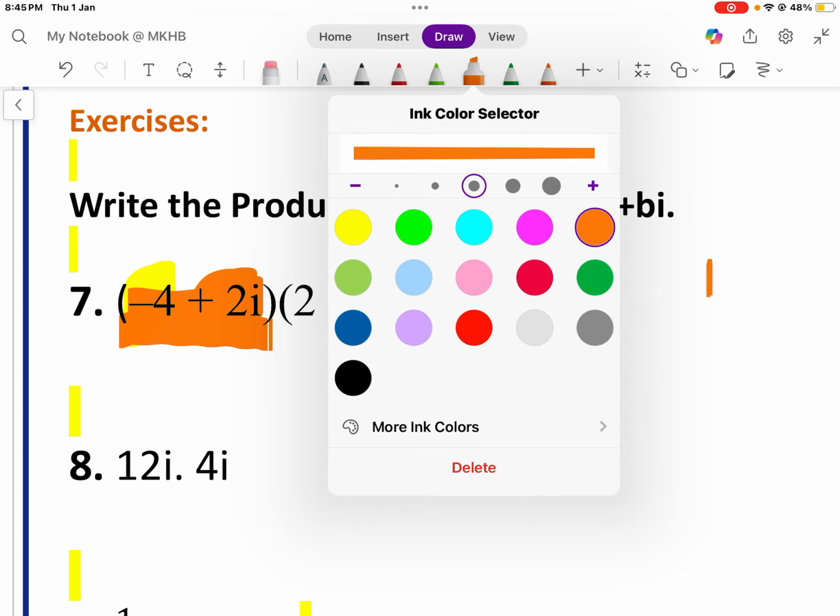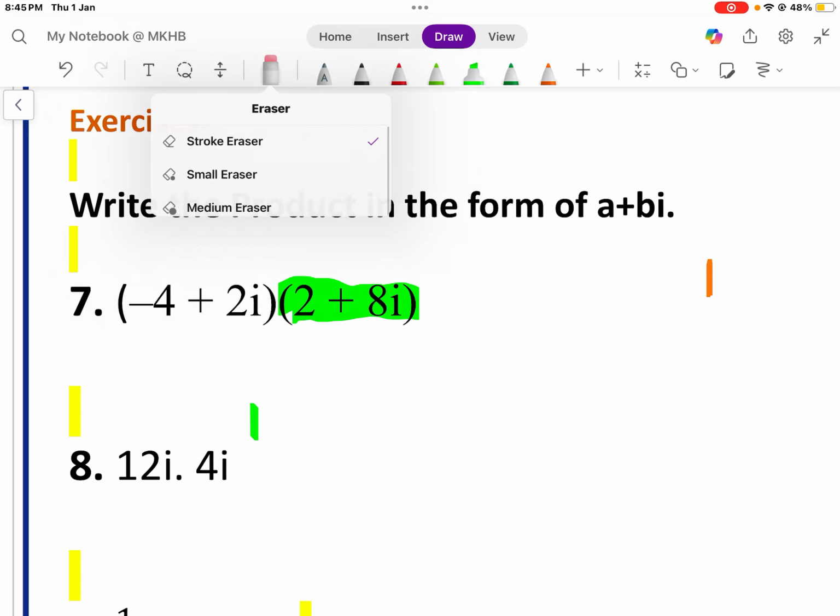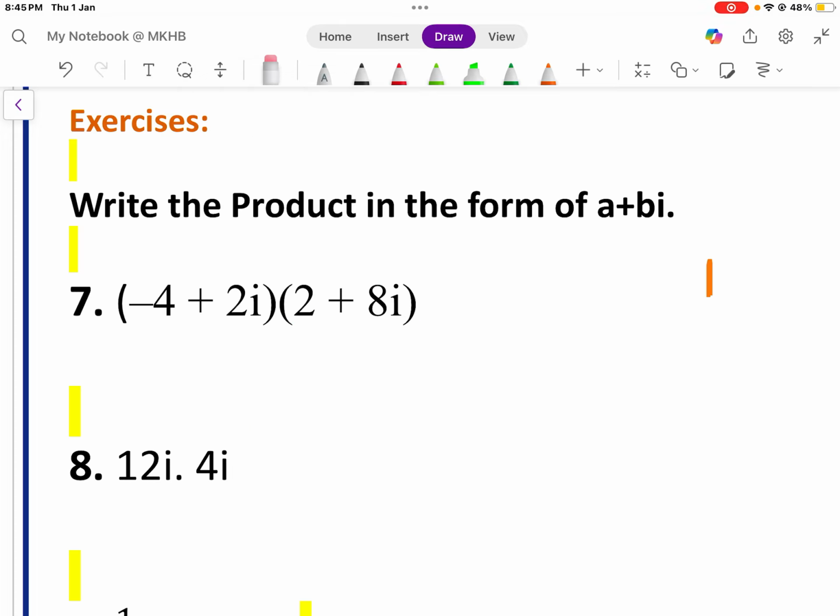The second complex number, this one, has 2 as the real number and 8i as the imaginary number. The number with i is called an imaginary number. Now how do we multiply two complex numbers?